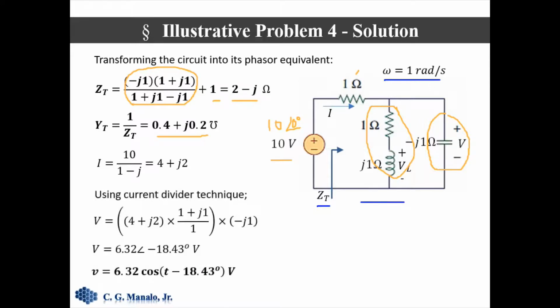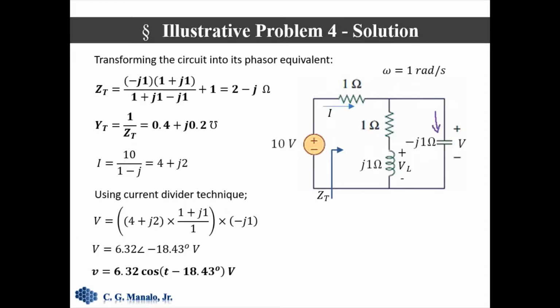Now, how do we get the voltage across the capacitor? One way to look at it is to first compute the current that flows through the capacitor in this direction. To get this current, we could use a current divider because we have a current that flows towards a parallel combination, this branch and this branch.